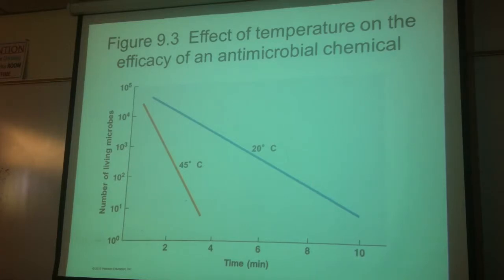At 20 degrees, it takes a while for them to die off, 10 minutes, versus 45 degrees, where we get killing in 4 minutes. If we're doing 4 minutes at 121 degrees Celsius, you can be pretty sure a lot of it's dead. So changing the temperature matters, which is why we really wanted to know the optimal growth of these microbes. If we know the optimal, then we know how to kill them.